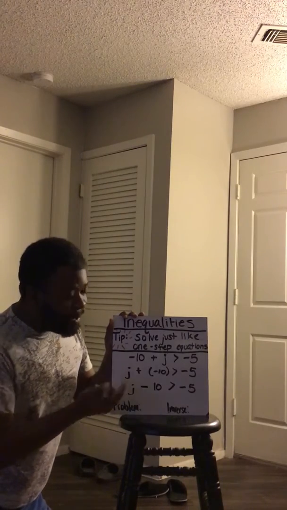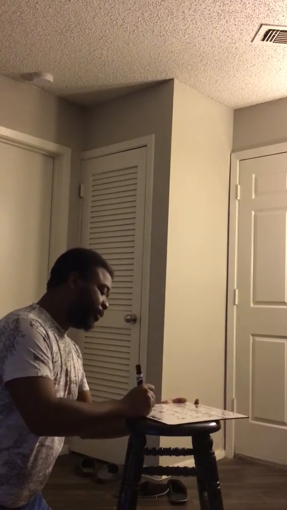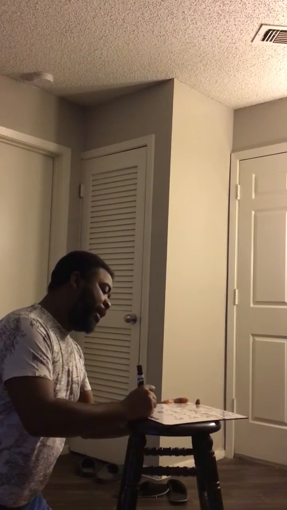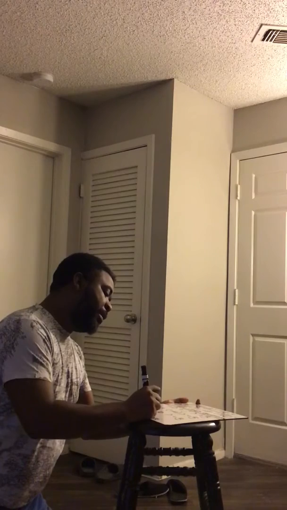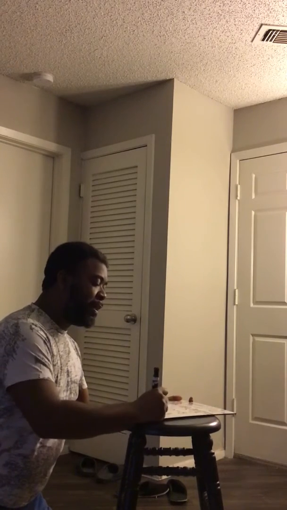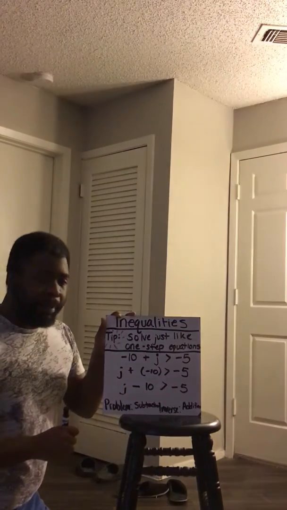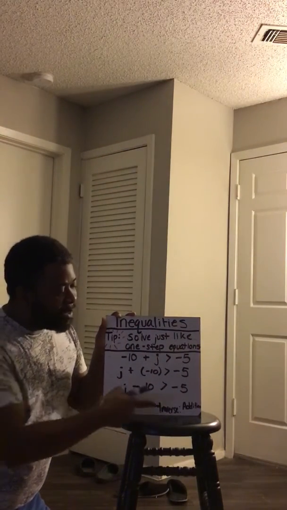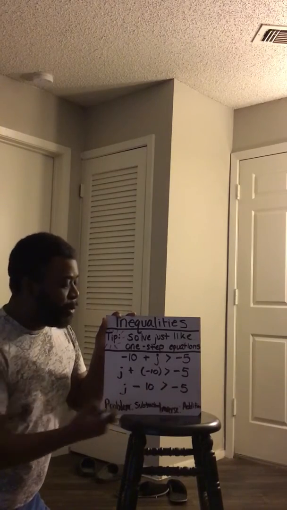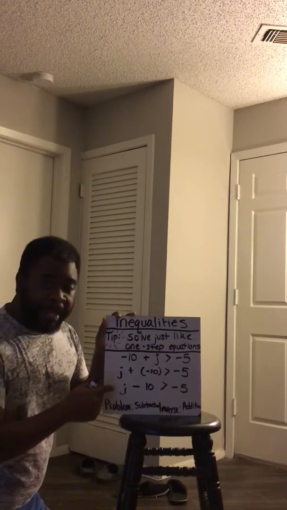So if our problem is subtraction, then I know the inverse is addition, because that's the opposite of subtraction. That means I'm going to have to add to get j by itself. So let's take a look at it.